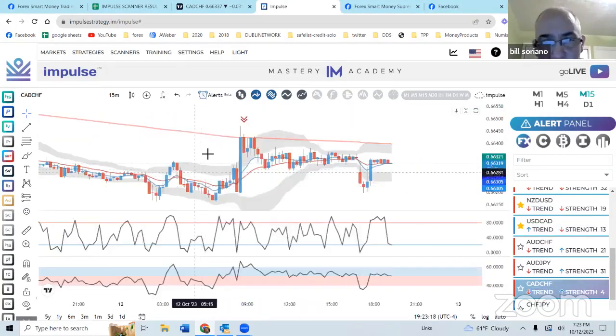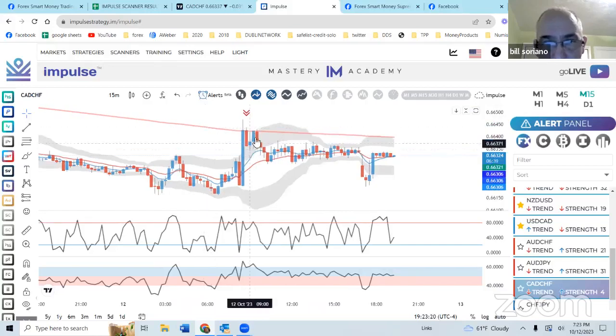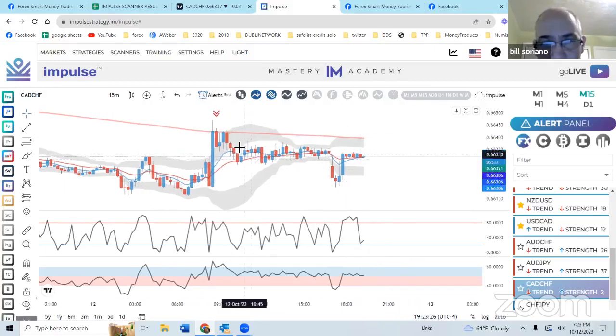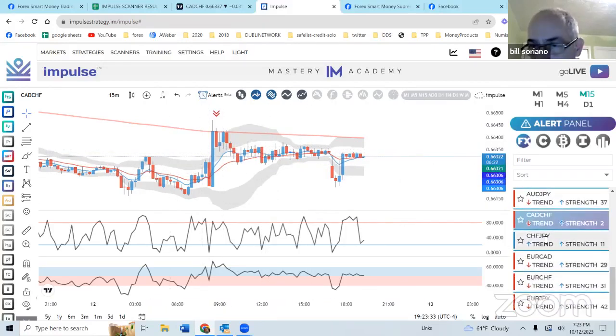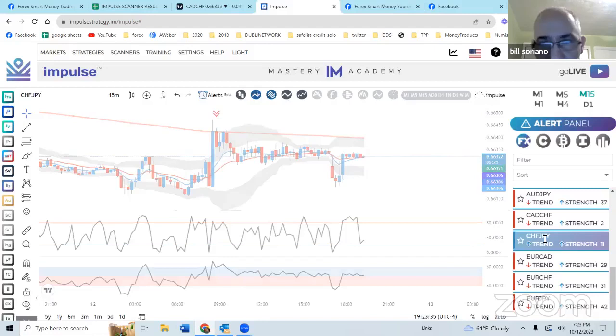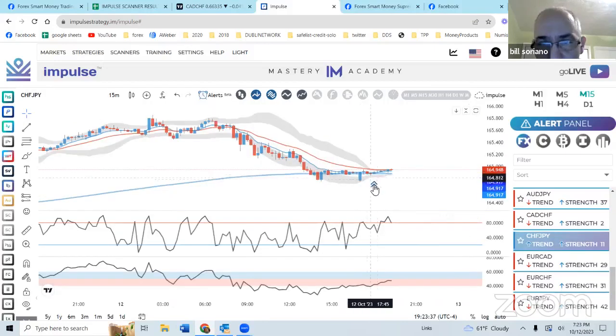Let's go to CAD, CHF. This one here, we would have to mark up this trade here. So I'll do that after this live session's ended, because it hasn't yet got a win yet. CHF, here's a new indicator right here.